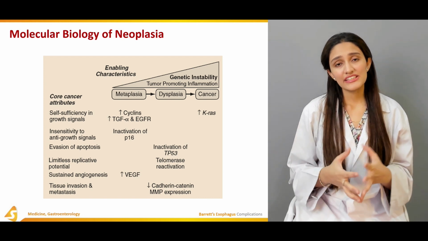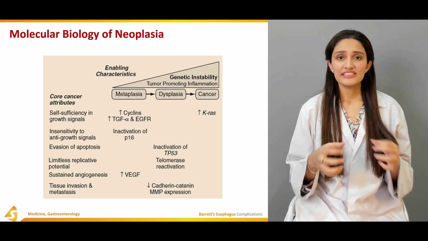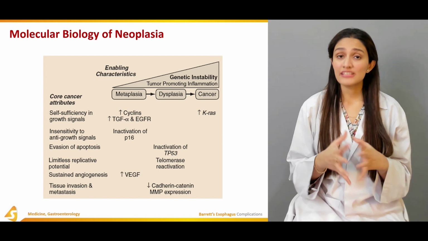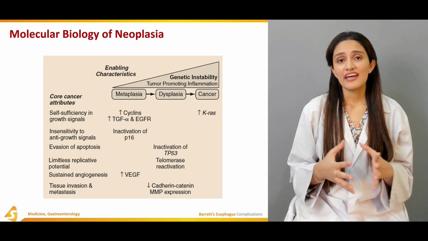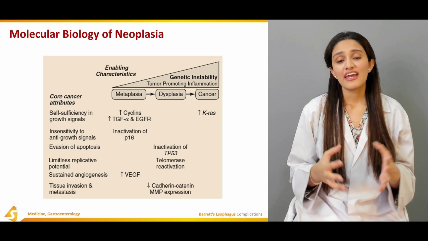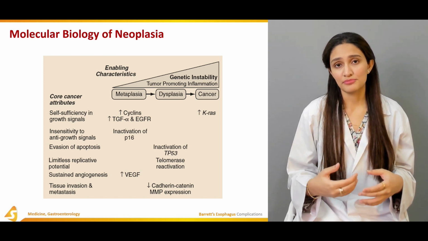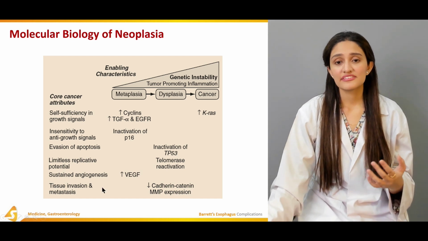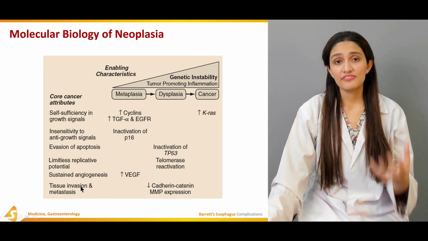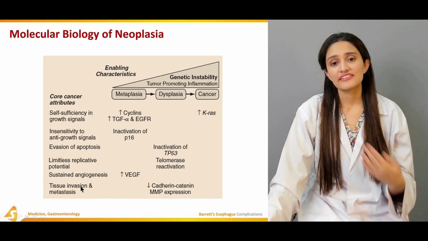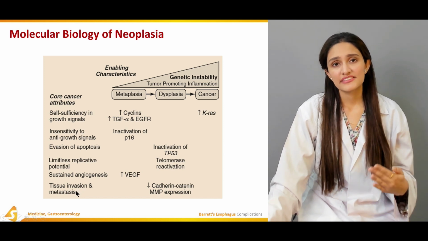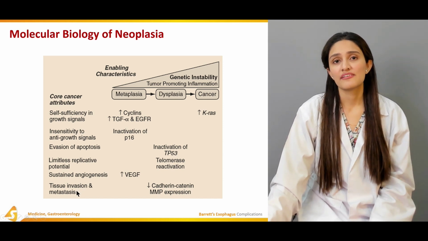So if there's a decrease in the cadherin and catenin, these tumor cells separate from the normal cells and from the surrounding cells, and they have a more metastatic property. In this way, these tumor cells can invade through the other organs and metastasize to different parts of the body.